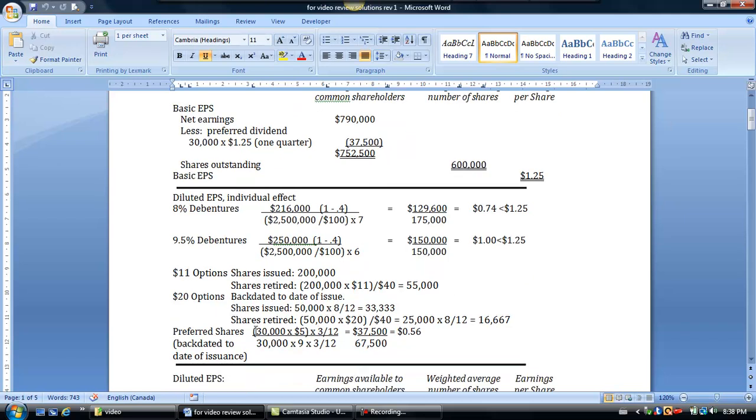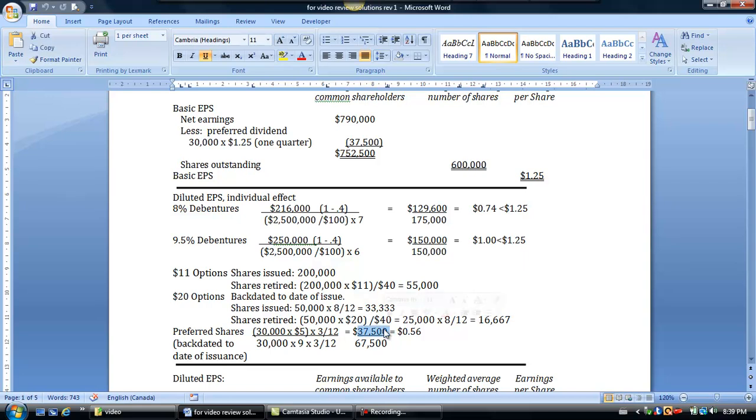So what would the preferred share dividend be that we would have avoided? Well, we would have avoided paying $5 a share for the 30,000 shares that are outstanding, but we would have only backdated 3 months of 12, right? Because this is annual, and this is annual as well, so we take like with like. So all we're saying here is that we would have been able to backdate and avoid dividends of only 1 quarter.